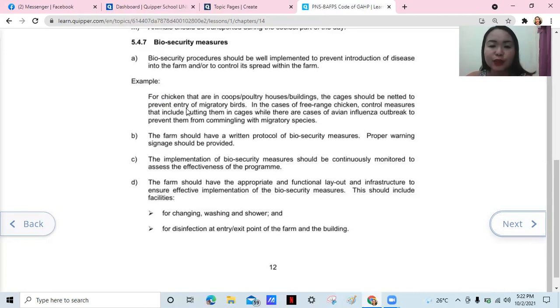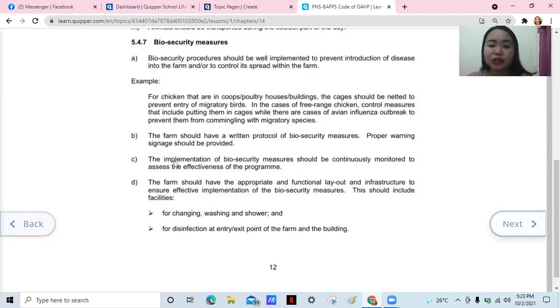And in cases of free-range chicken, control measures include putting them in cages while there are cases of avian influenza outbreak, to prevent them from commingling with migratory species as well. No? So the farm should also have a written protocol of biosecurity measures.